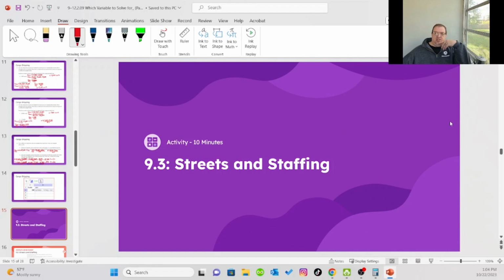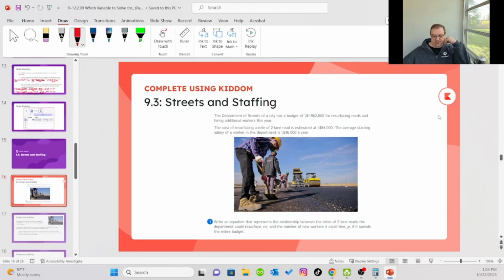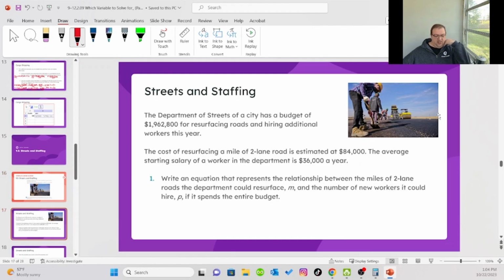So our next activity is 9.3, titled Streets and Staffing. The Department of Streets of a city has a budget of $1,962,800 for resurfacing roads and hiring additional workers this year. The cost of resurfacing a mile of two-lane road is estimated at $84,000.